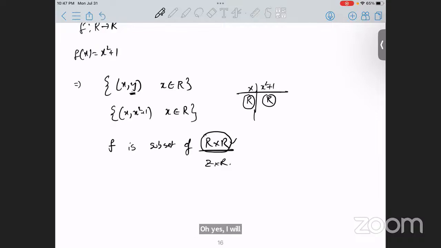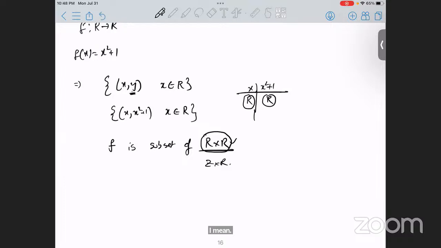Sir, in activity 7.1, question number 10. It takes some time to load. Can you read out the question? f of x equal to mx plus c. Sir, in this question, find the correct number of statements.